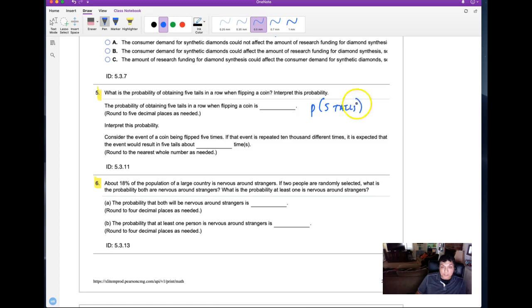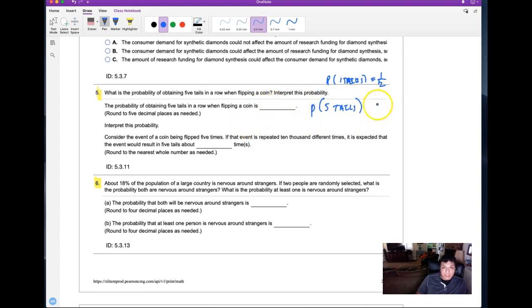Now, what we know is the probability of getting 1 tails is 1/2. And so the probability of getting 5 tails is the same as the probability of getting a tail in the first one and the second one and the third one. It's what I call in lecture a sequence of events.